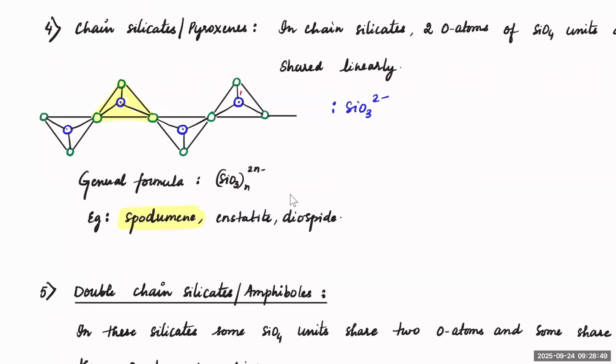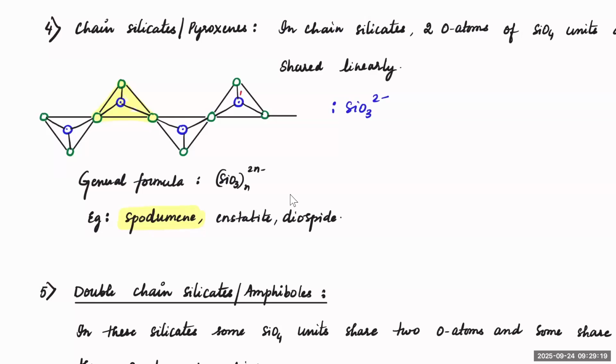Next, chain silicates, also known as pyroxenes. So here in chain silicates, two oxygens of SiO4 are shared linearly, like this. Basically this is like an extended pyrosilicate, a repeating pyrosilicate. So per silicate there are two oxygens which are shared.